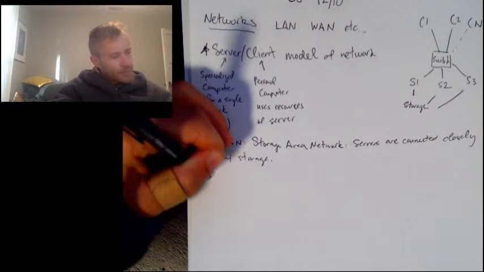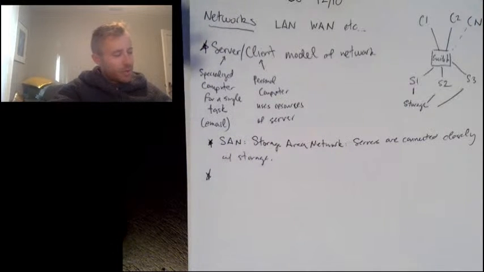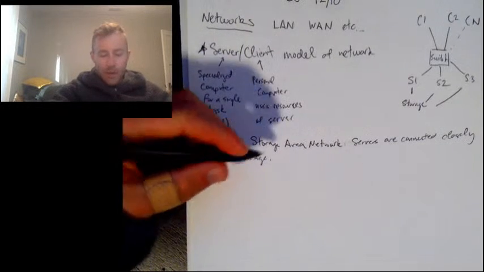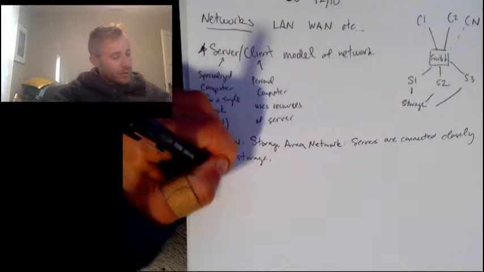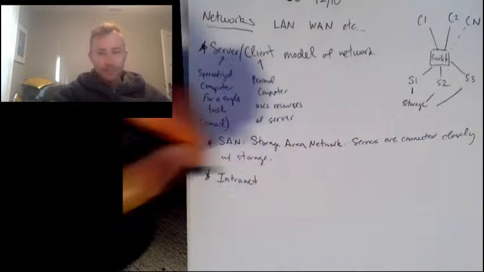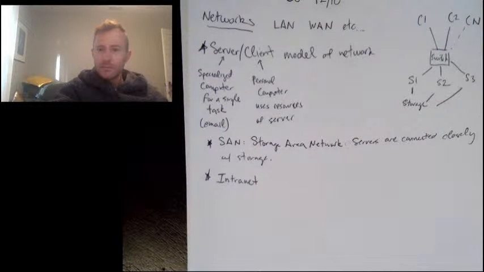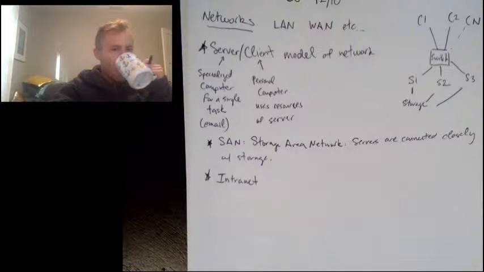So there's another type of network. There's something called an intranet. Save those comments up because I want to hear what you guys have to say about it in the Zoom room.